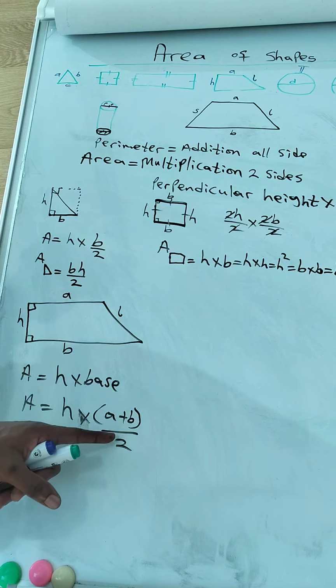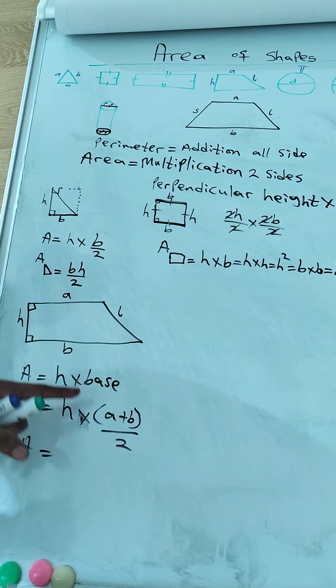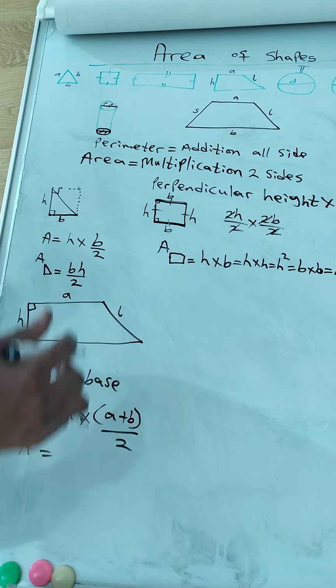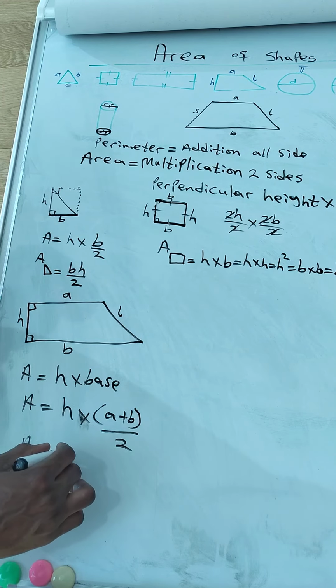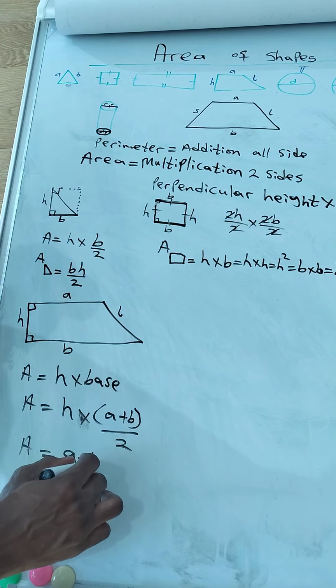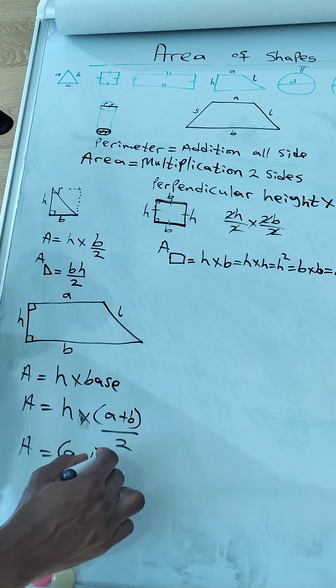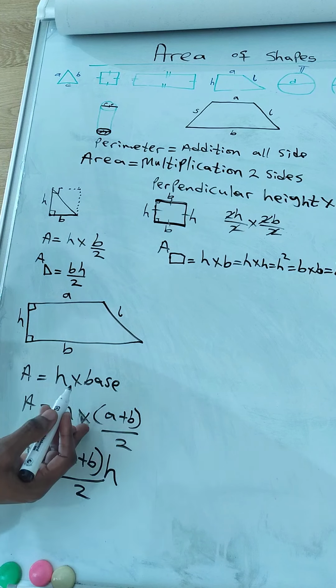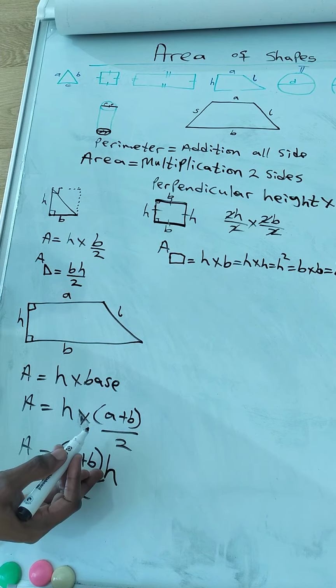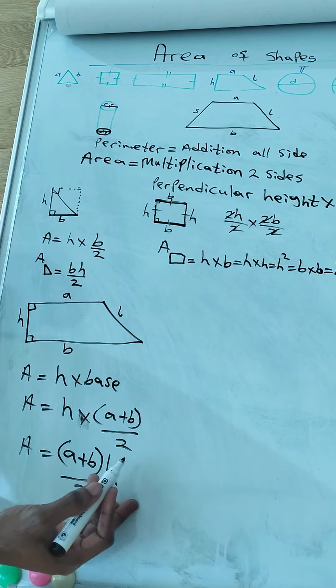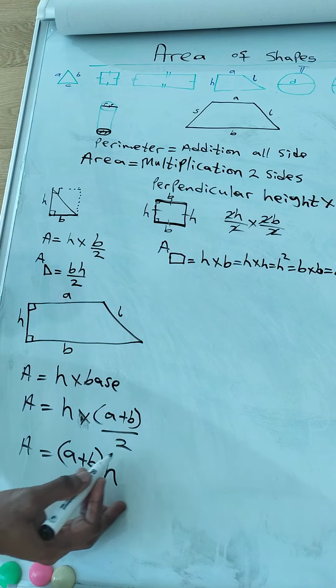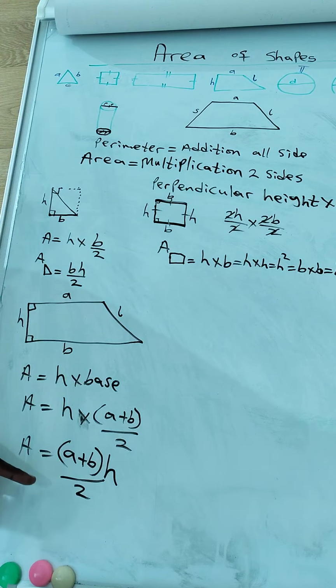So we now have a plus b in brackets times height, because multiplication is still the same thing as brackets. So this would be the area of a trapezium. So that is it.